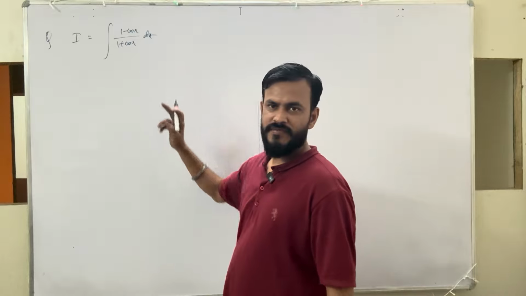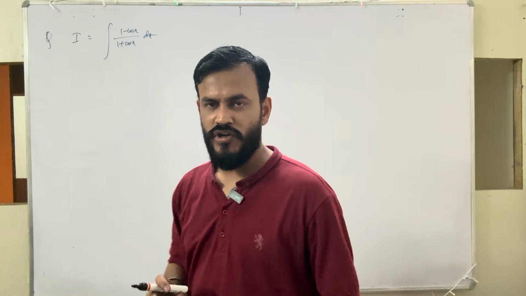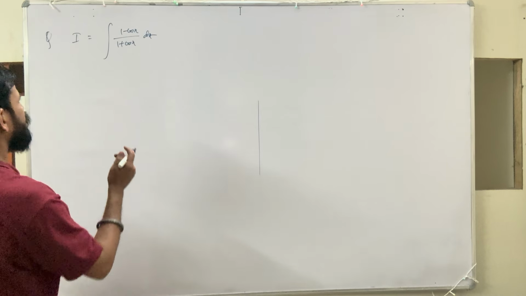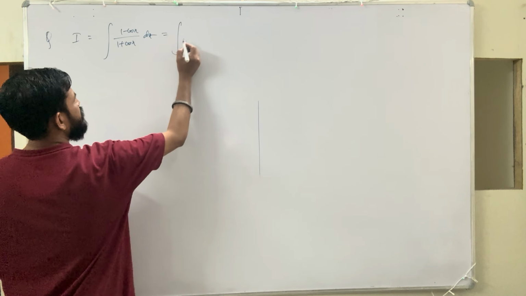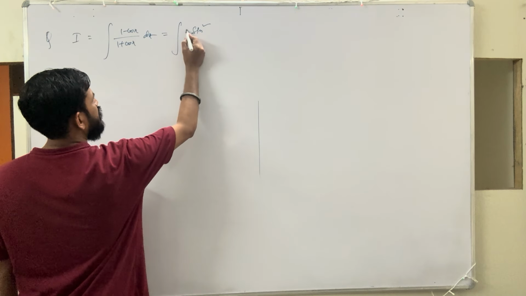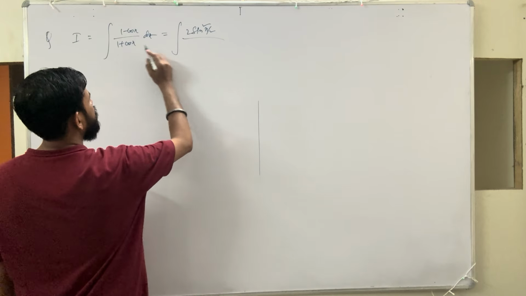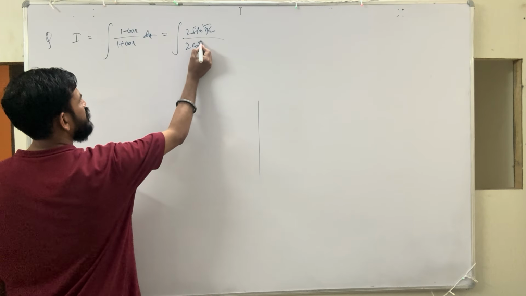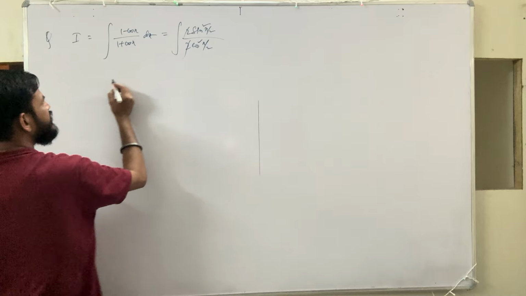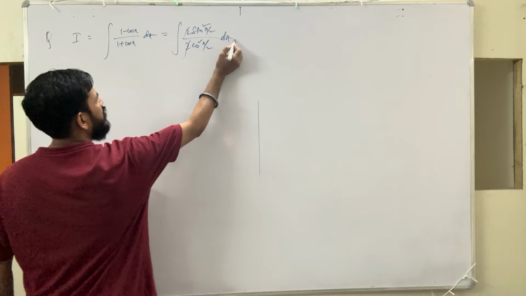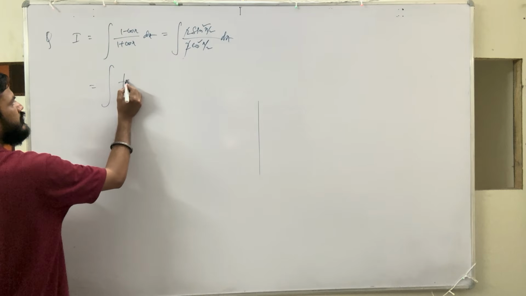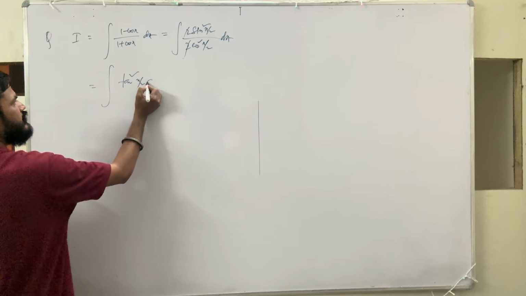Integration of 1 minus cos x by 1 plus cos x is extremely important. Here we need to use the half angle formula. So 1 minus cos x becomes 2 sin square x by 2, and 1 plus cos x becomes 2 cos square x by 2. The 2 gets cancelled and we are left with tan square x by 2 dx.